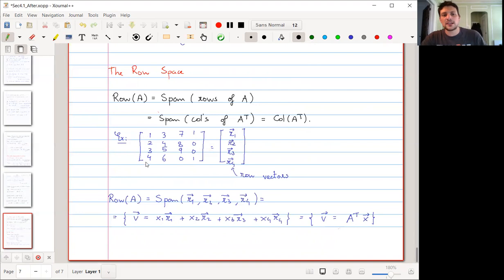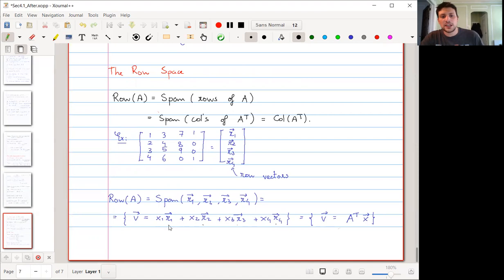Suppose I write my matrix A using row vectors, R1, R2, R3, and R4. Then by definition, the row space of A is the span of R1, R2, R3, and R4, which means that all of the elements in the span are vectors that are linear combinations of R1, R2, R3, and R4.